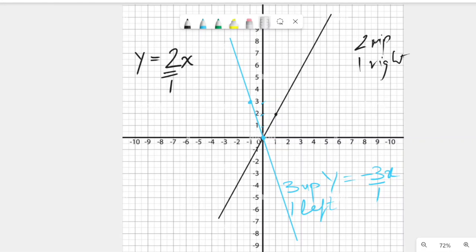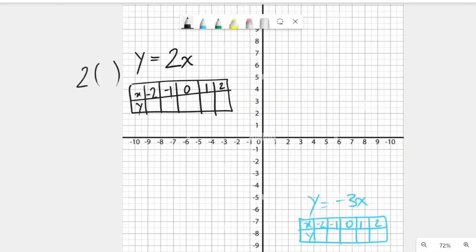Okay, the other way to plot the lines is by using a table. Let's do it that way, for both the same lines. So y is equal to 2x, which means 2 times x. Let's start with negative 2. When x is negative 2, 2 times negative 2 will give us negative 4.